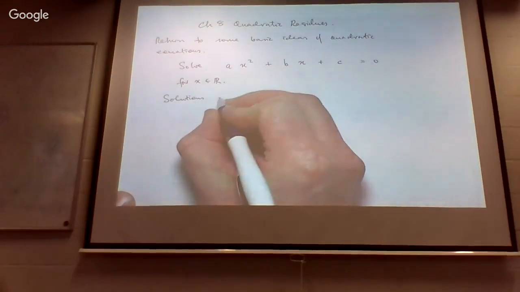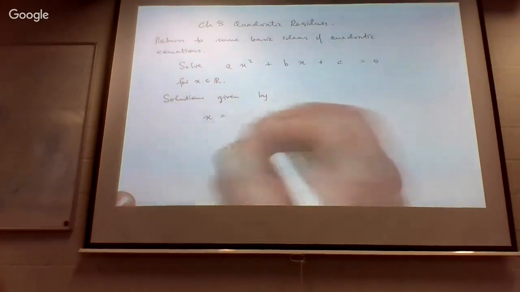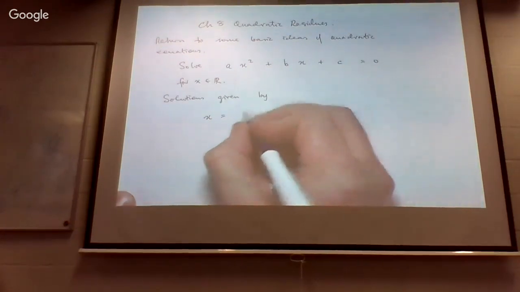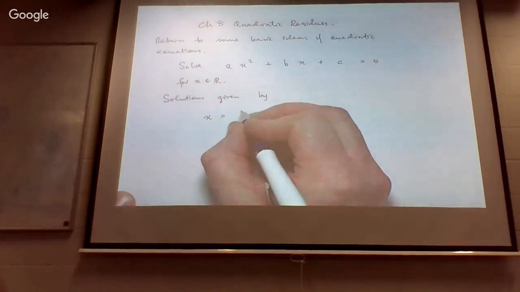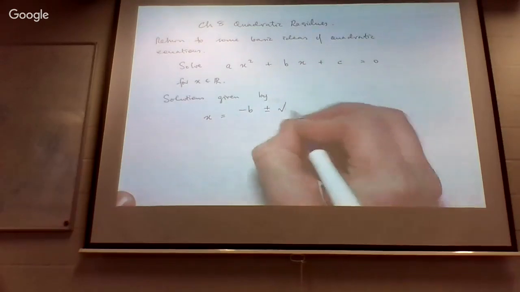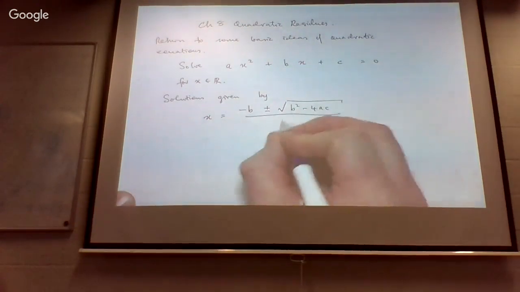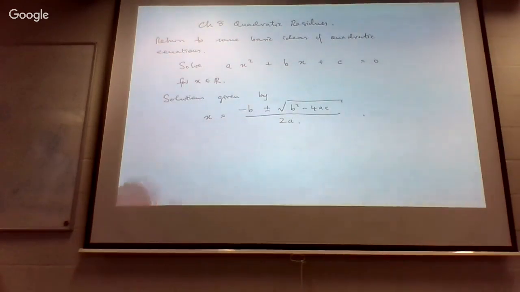So the solutions are given by this formula, x equals minus b plus or minus the square root of b squared minus 4ac, over 2a, I believe.